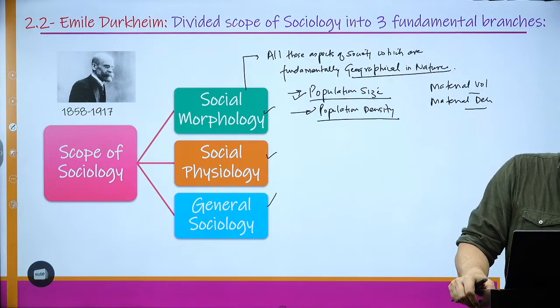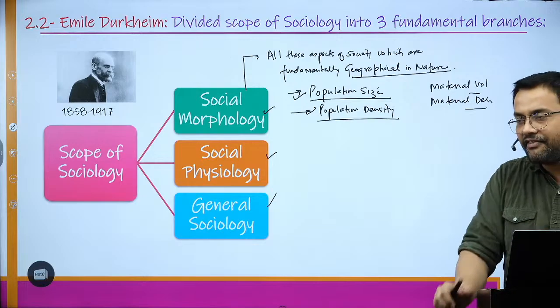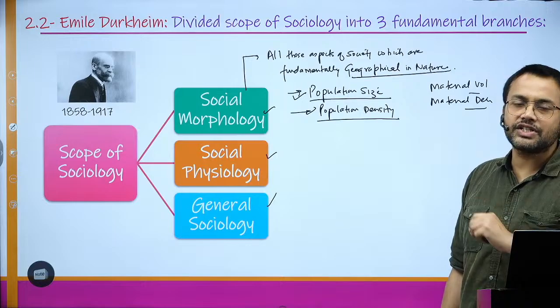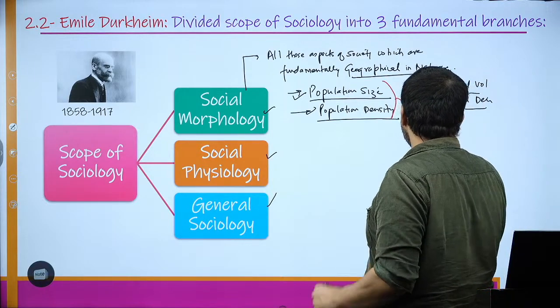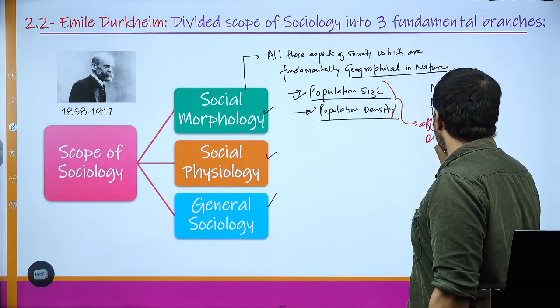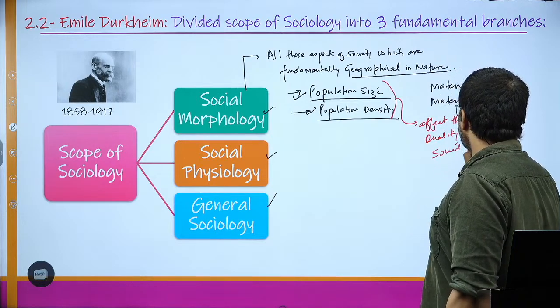So that is why he was talking about social morphology, because it affects the quality of social interaction, the social relationship, how humans interact.